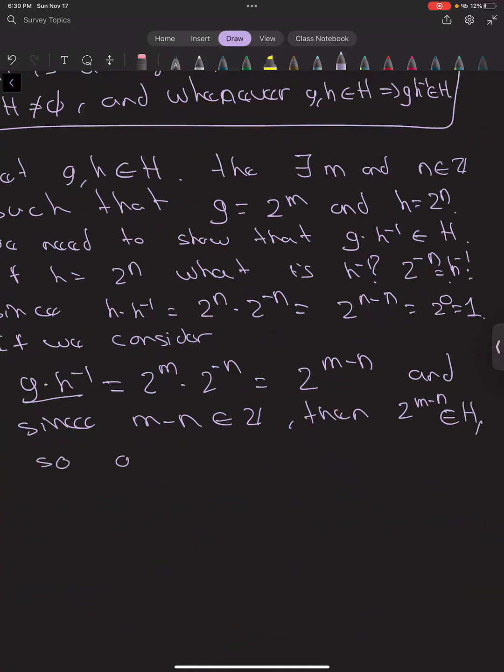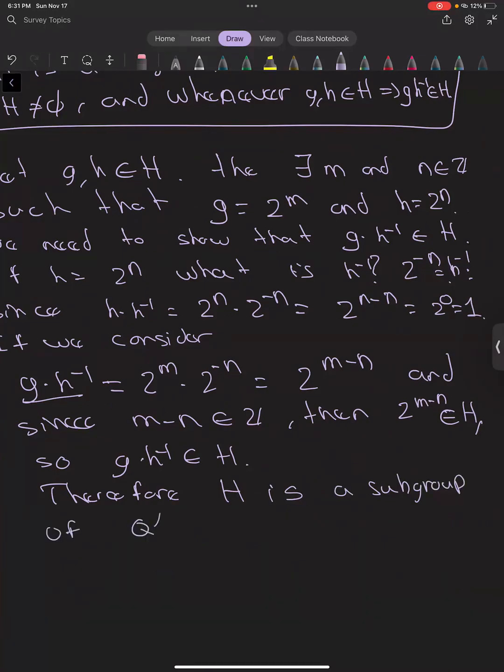So g times h inverse belongs to H, as we wanted. Therefore, H is a subgroup of this group.